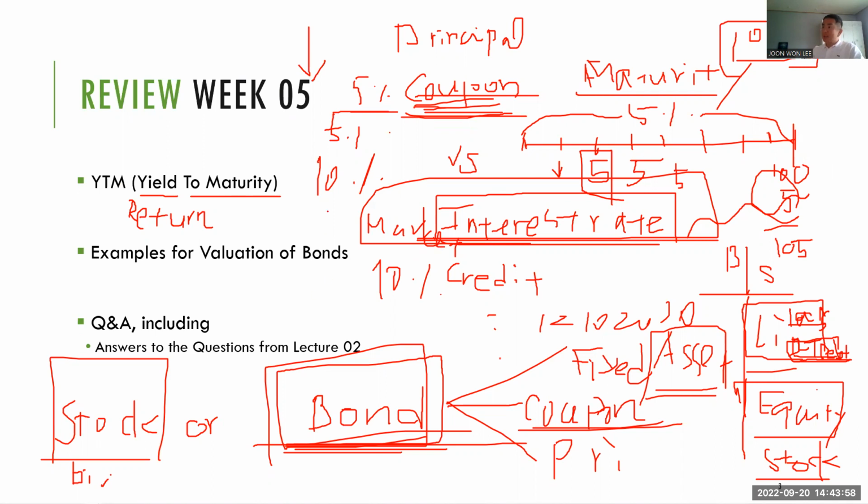If the market interest rate were the same as the 5% coupon rate, then the price of this bond would be the par amount, 100. But since the market interest rate is higher than the coupon rate, the price of this bond should be lower than the par value, let's say par value is 100.